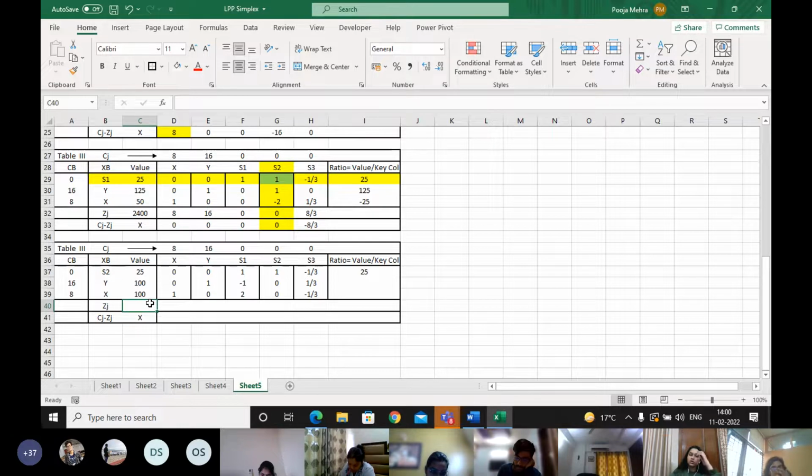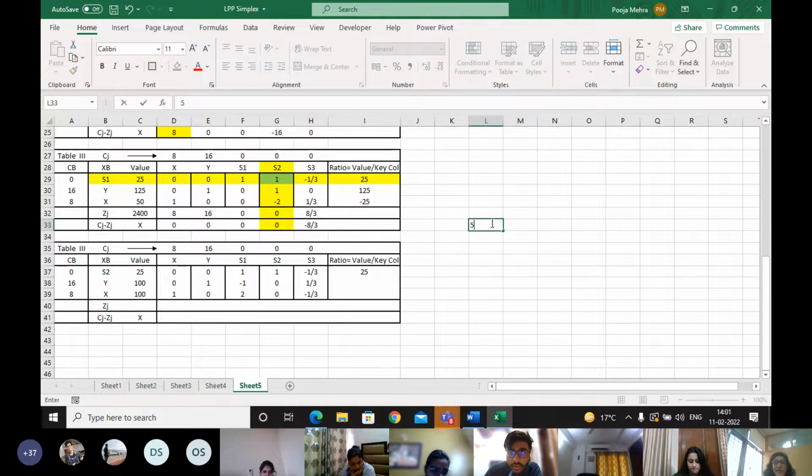How 1600? 16 into 100. See, here we have minus 2, na? So 25 minus 2 multiply by 50 minus 2 into 25. मैम वो जीरो होगा ना वैल्यू में x के सामने वाला वैल्यू. नहीं मेरा बच्चा, ZJ तो 0 into 25 ऐसे ही तो कर.